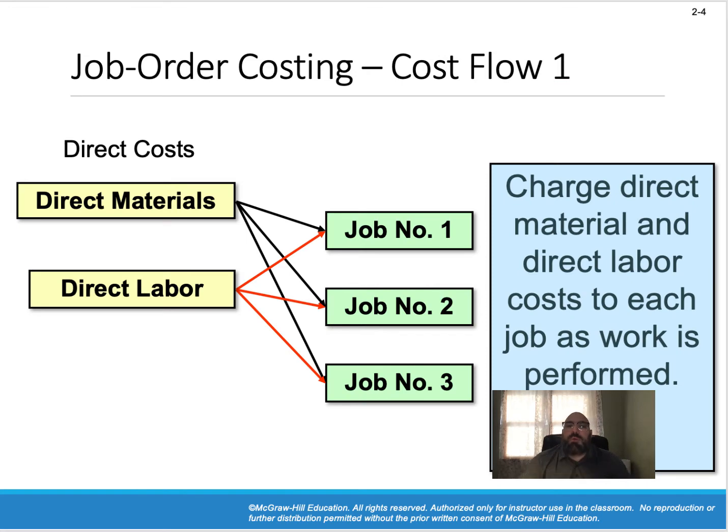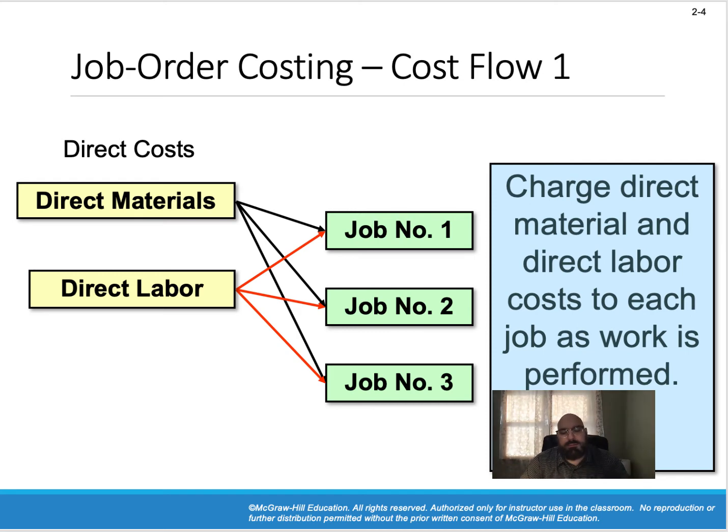So the first cost flow we need to look at is direct costs, direct material and direct labor. Each job, and in this example we have 3. So let's say, pick any 3 movies that you can think of from Walt Disney.